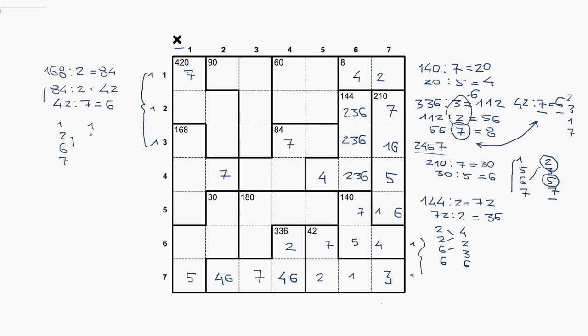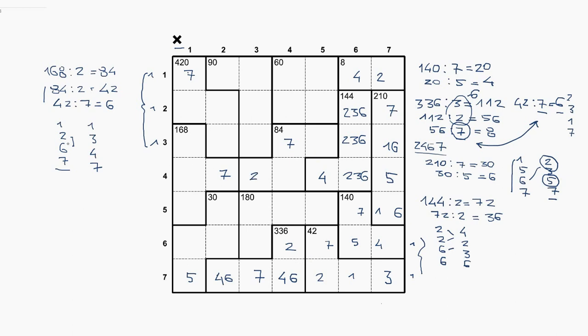And for example, 1, 3, 4 and 7. But the number 4 is already here, and it cannot be in neither of these 3 cells. And the consequences is that here is the final solution for the number 84. Number 2 is here and number 2 is here, cannot be number 2, and here is a number 2.